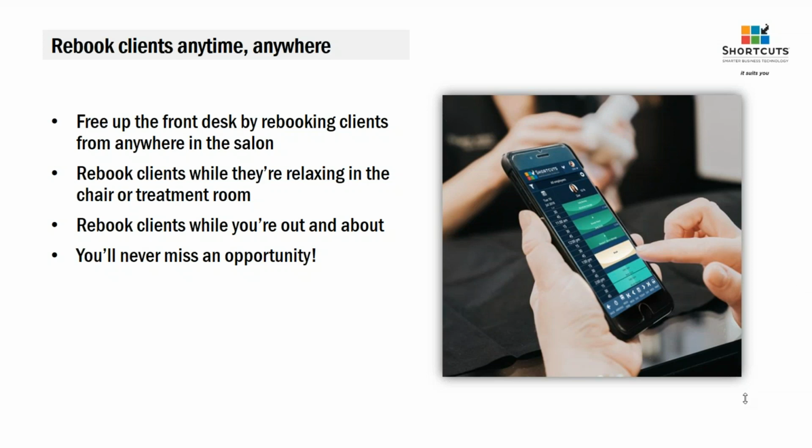Okay, looks like I might have a question here. So there's a question, does this replace Shortcuts Anywhere? It seems fairly similar to the program currently used with Shortcuts. So it doesn't replace Anywhere in the fact that if you want your employees to be able to access the appointment book outside of their scheduled hours, they will still need to use Anywhere to do that.